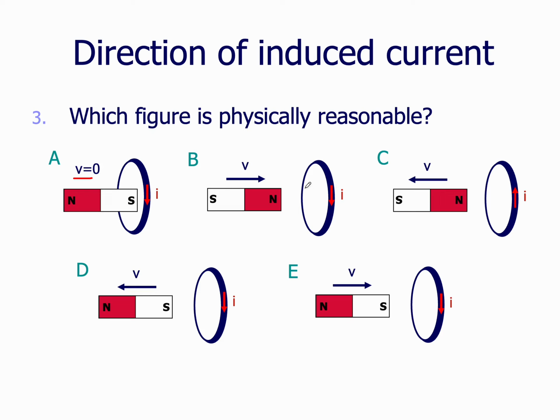The current's also flowing this way around the loop. In this case, it's moving away from it. It's flowing this way. In this case, it's moving away from it from the south pole, and it's going this way. In this case, the south pole is moving towards it, and the current's this way. Only one of these obeys Lenz's law. Which one? And I'll let you pause the video at this point if you want to think about it before I give away the answer.